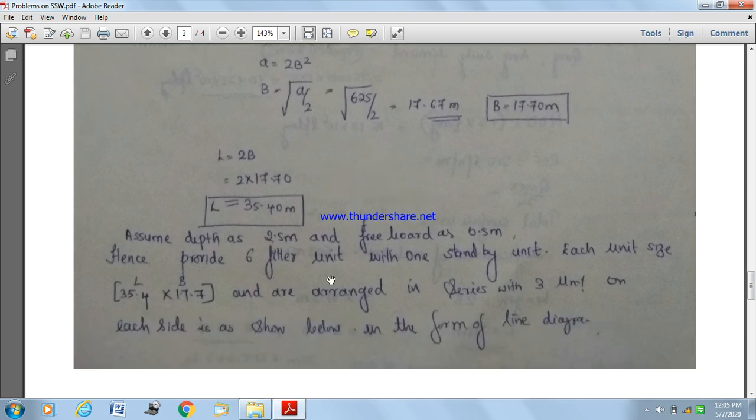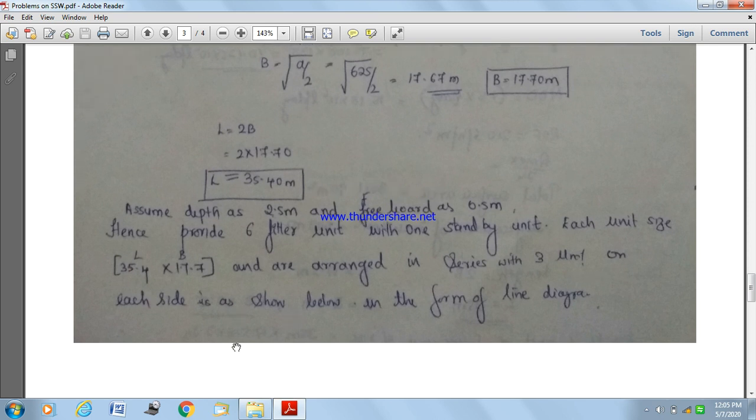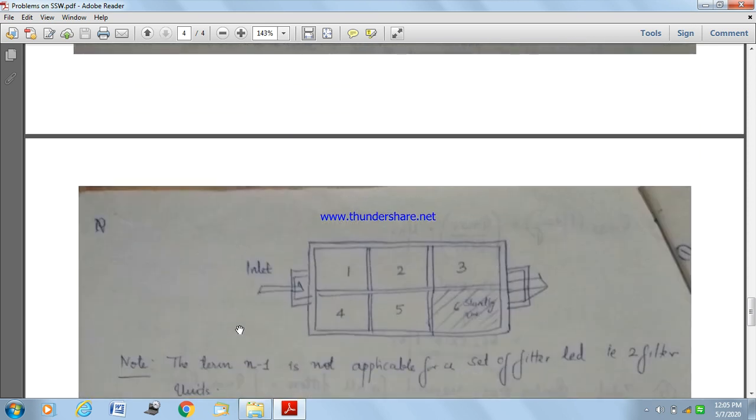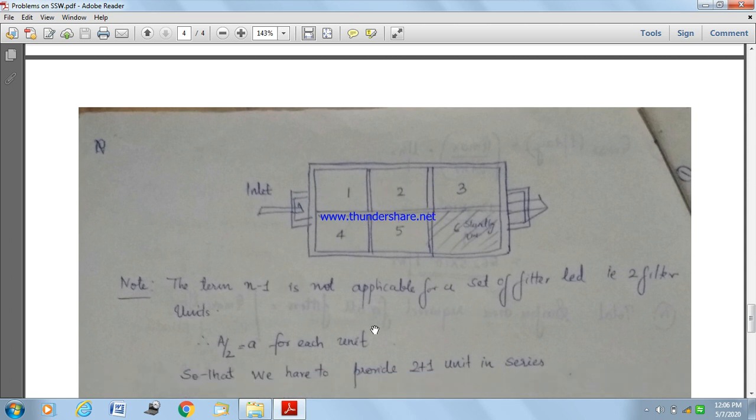Provide 6 filter units with 1 standby unit, as given in the question, and arrange them in a series with 3 units on each side. The line diagram is like this: inlet, outlet, filter units 1 2 3 4 5 6, and one provided as standby in case of any breakdown.